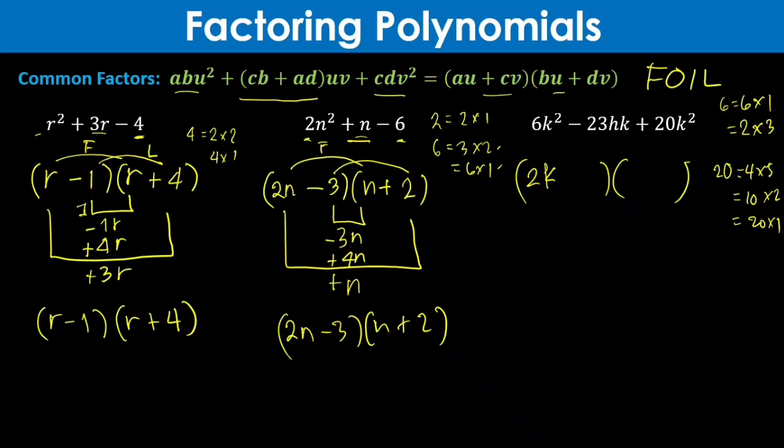I will pick, say, 2k and 3k. All right, and then I will select probably 10. If I select 10, put it here, I get a 30, and the 3 here, a 2 here, I get a 4. So 30 minus 4, I don't get a 23.